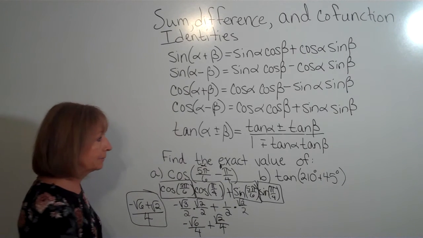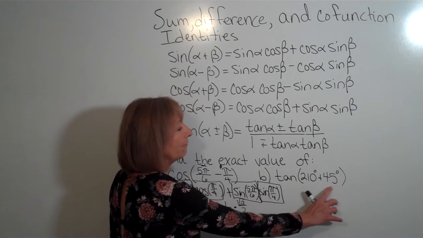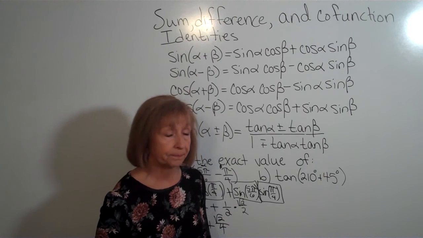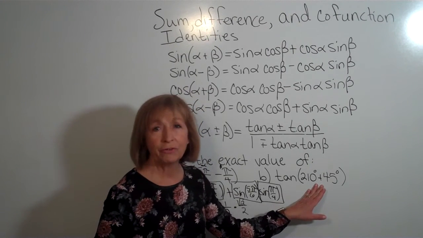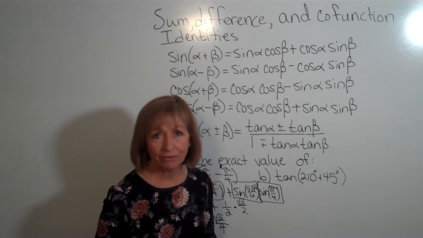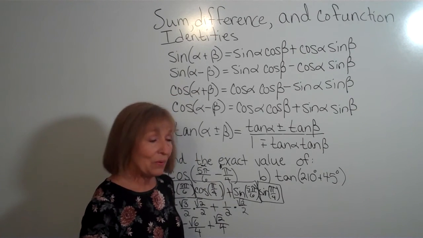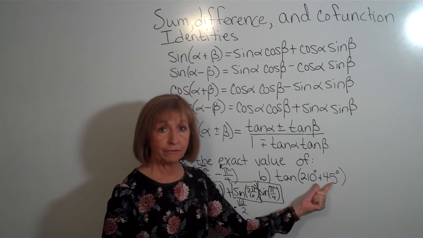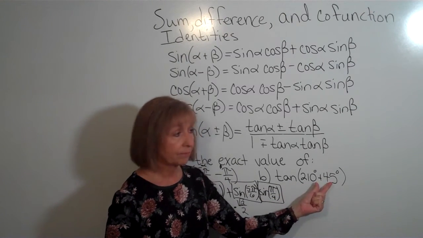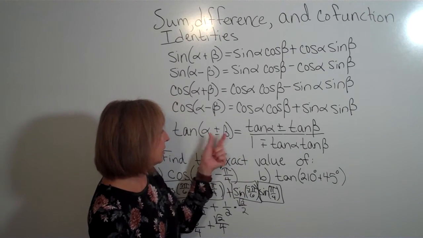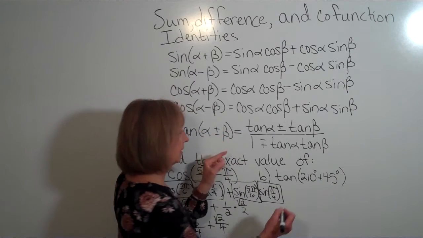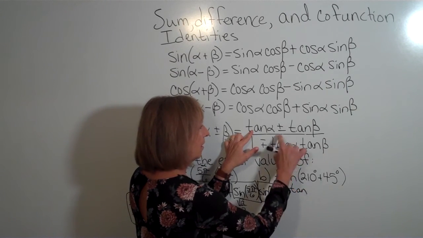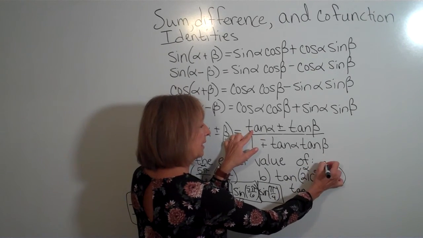Let's do part B. So here, if I were to try to add 210 degrees plus 45 degrees, I would get 255 degrees, which is not one of our nice angles, our special angles. So what I want to do is to look at the tangent of the addition of two angles, expansion. I have tangent of alpha, and remember that's alpha, that's beta.